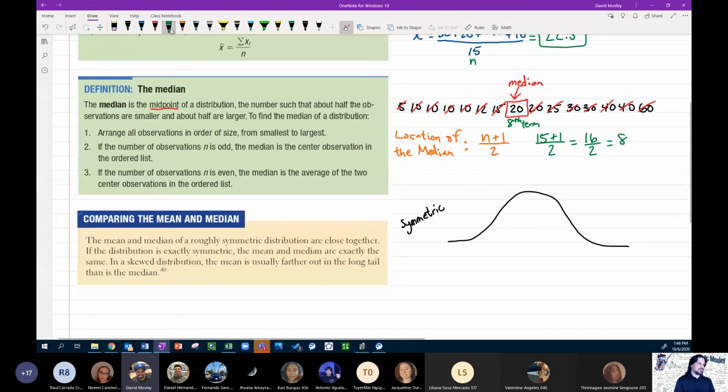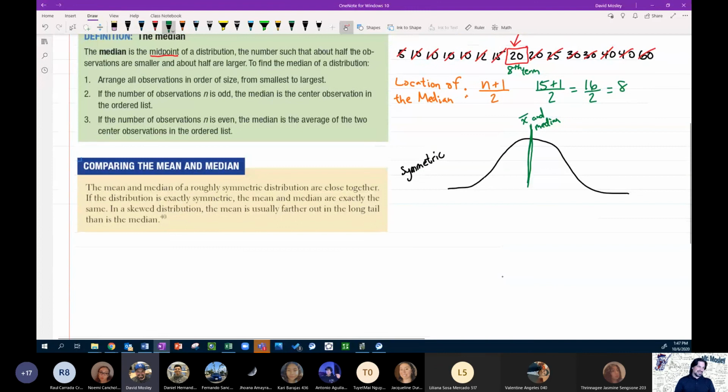In this case, the mean and the median are both going to be about the same place. Both of them are probably right about the middle of the distribution, around the peak. So this would be your x bar, and the median will be roughly the same value. It might be off by a decimal place or so, but they're going to be pretty close. Unless it's perfectly symmetric, then they're exactly the same.